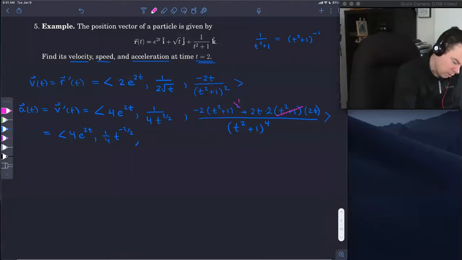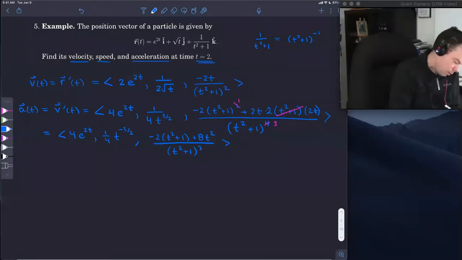I can get rid of one of those, and I can get 3 of them down below. And so that gives me a -2t squared plus 1. And then I get plus 8t squared, and that's all over t squared plus 1 cubed.